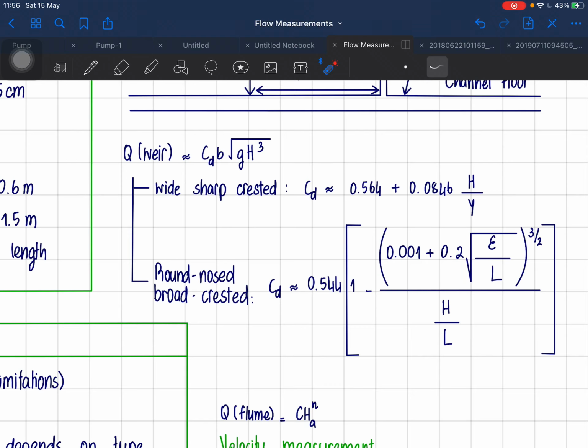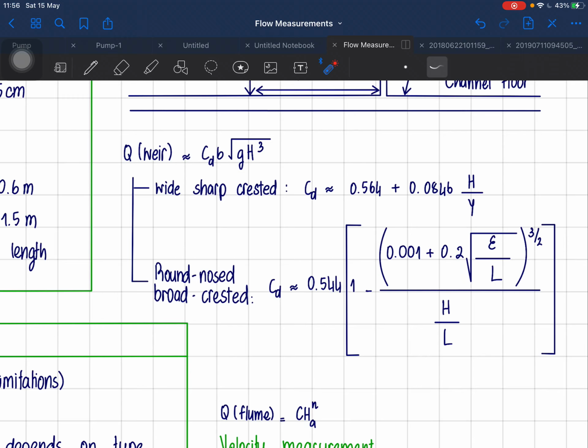We also have a suppressed one, basically like this, or the contracted one. This is B, and this is L, and the water will be flowing here. We have a lot of things that are different, and the formulas are slightly different as well.